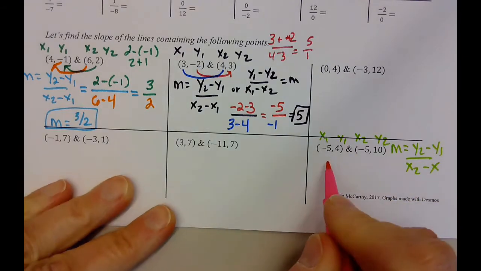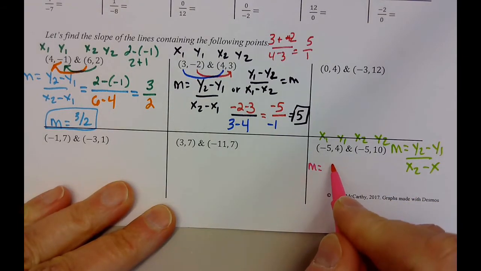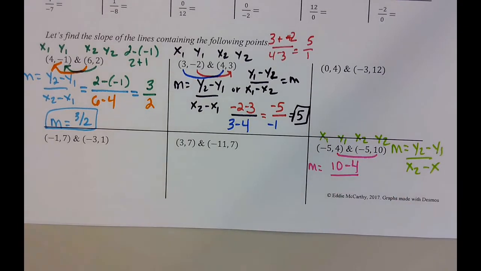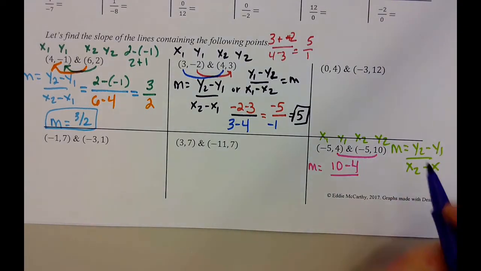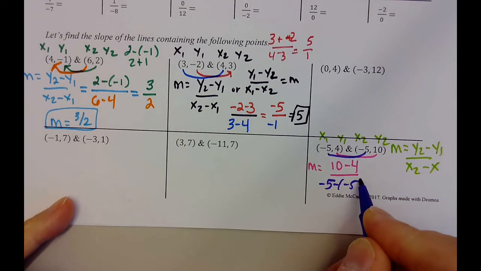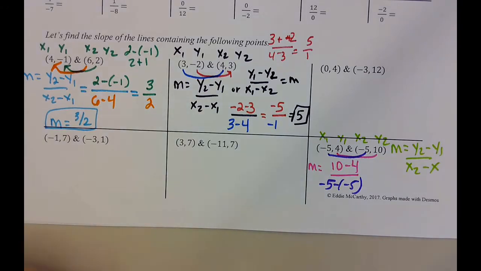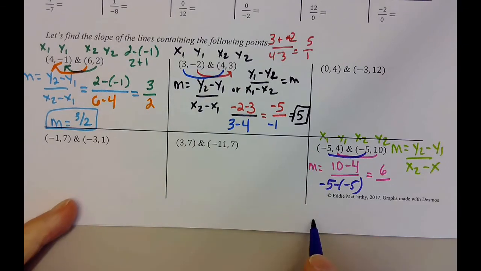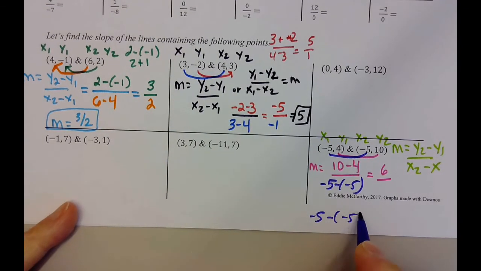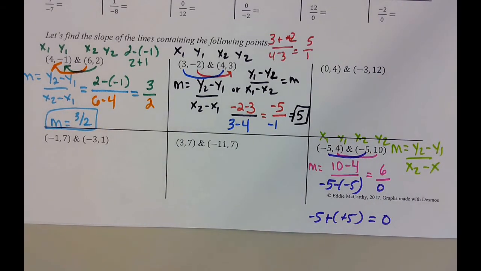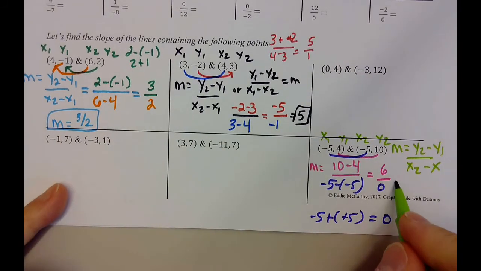So I'm going to say that my slope is 10 minus 4 right here. And then I'm going to say negative 5, take away negative 5. And we can see that 10 minus 4 is 6. But negative 5 take away negative 5 is the same as saying negative 5 plus 5, and a number plus its opposite is 0. Now this is not 0. 0 is in my denominator, so this is undefined.